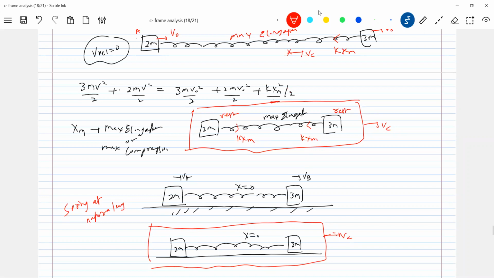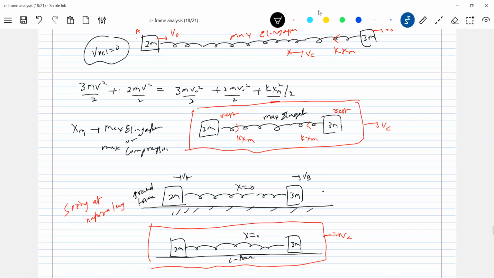There's a ground frame, and there's the C frame. Okay, now already we have some basic idea, no? In the C frame, how should they be moving? Again, when the spring attains natural length, because after maximum elongation comes natural length.